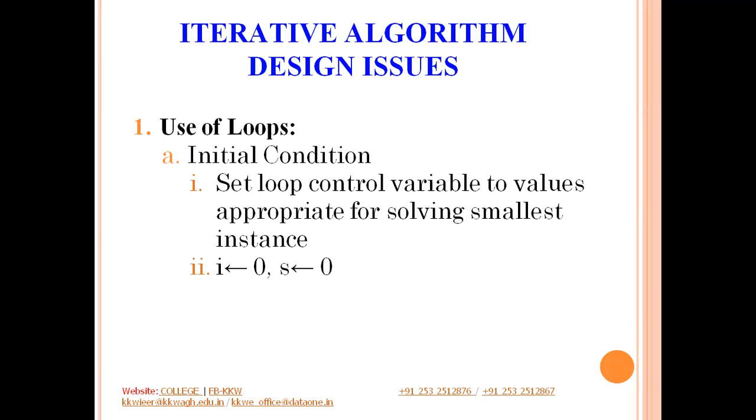That is the smallest possible instance or the smallest possible value. Similarly, if you are writing an algorithm for calculating the sum of n elements of an array, then you set the initial condition of the variable s to 0. That is how ideally you should write the initial condition inside the loop.